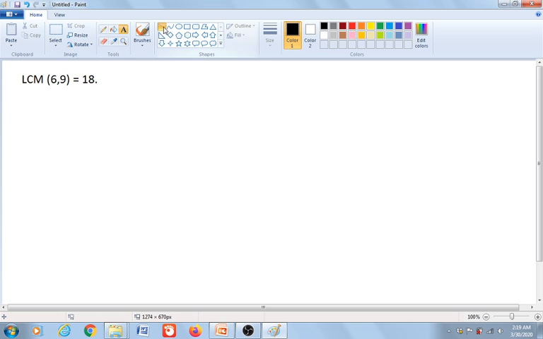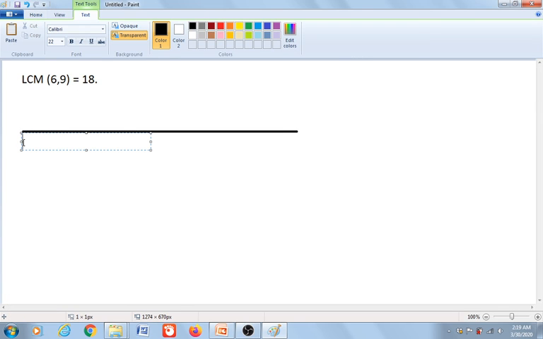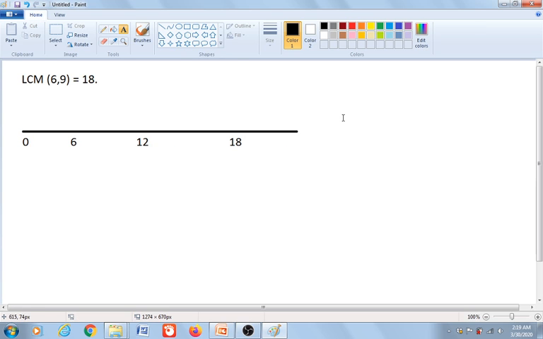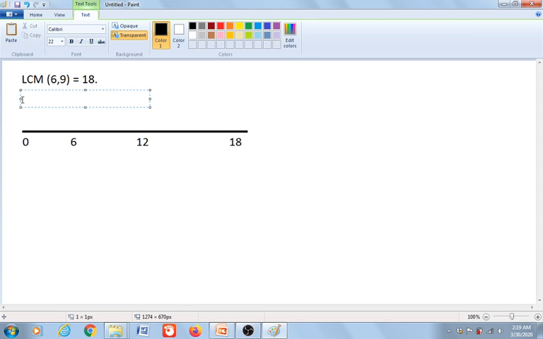So we will have year 0, and then year 6, year 12 and year 18. This is for machine A, so I'm going to label this machine A.